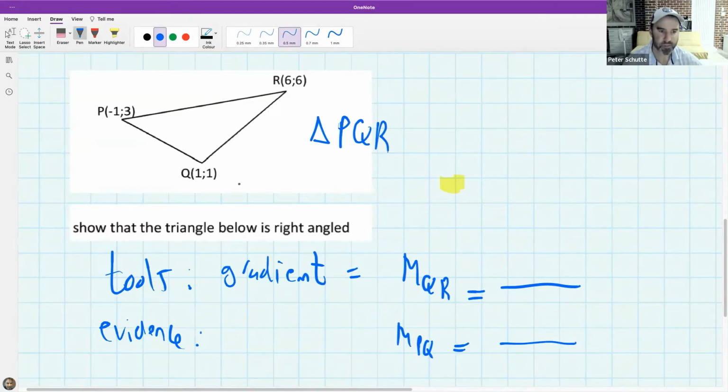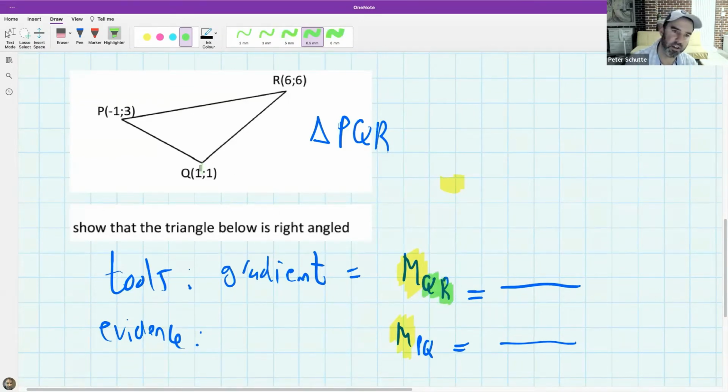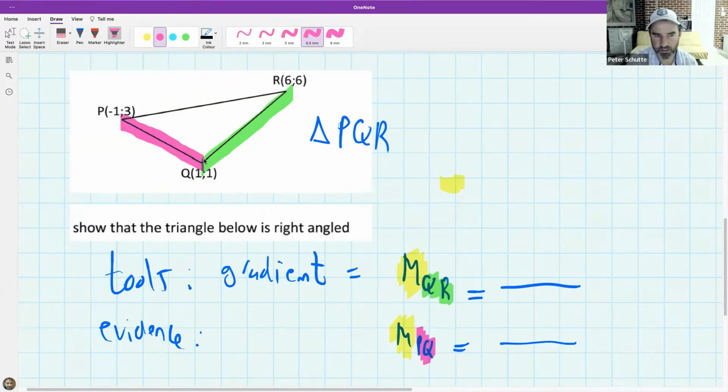Whenever I use M, maybe I'll explain, the big M means the gradient. And the QR means the segment of the line that I'm trying to work it out for. Now I'm thinking those two lines are the ones that would be perpendicular from the drawing. However, if they don't work, I could always try and work out the gradient of this line too. But for now, I'm going to guess that the drawing is somewhat accurate. So QR.